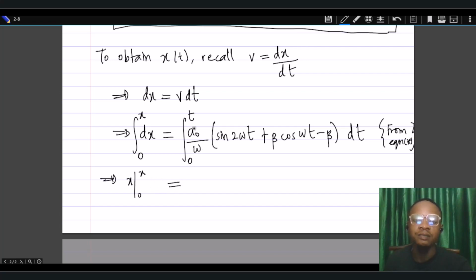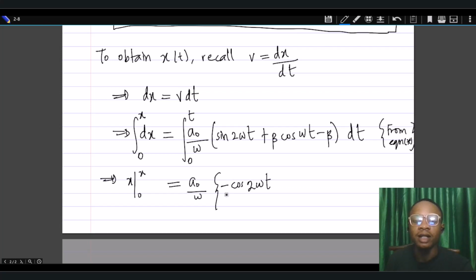So a naught over omega is a constant, so we can just drag that out and leave it there. Then the integral of all of these that we have left, let me use braces here. This is going to be sine of 2 omega t. Integral of sine will be minus, of course, so this is minus cos 2 omega t.